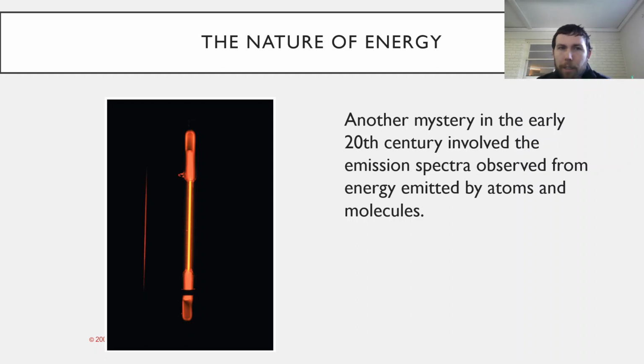For example, you probably remember the gas discharge tubes in class: you pass an electrical current through it, and it causes the gas to be excited, the electrons to move, and it gives off a specific wavelength of light. Well, that wasn't very well understood at the time, and so scientists were trying to figure out what was going on here.